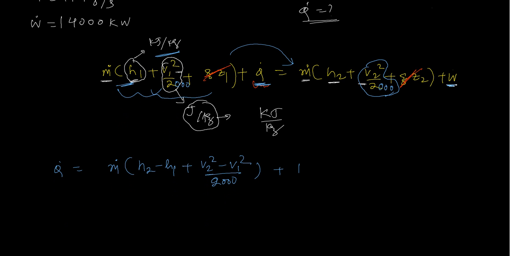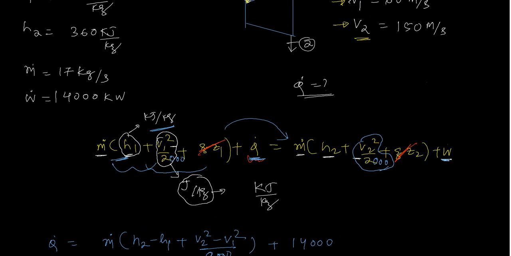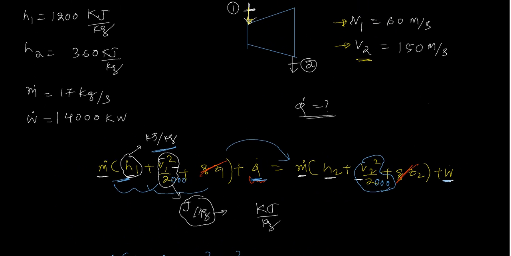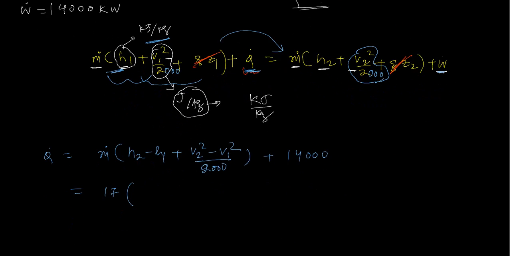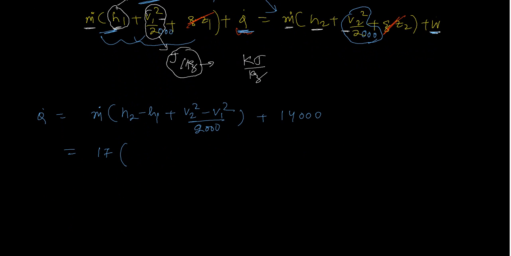Okay, so m dot is given to us as 17 kg per second. Okay, and h2 is given to us as how much? That is 360, and h1 is 1200. Okay, so h2 is 360, 360 minus 1200 plus v2 square minus v1 square.